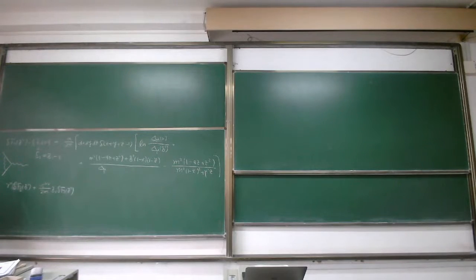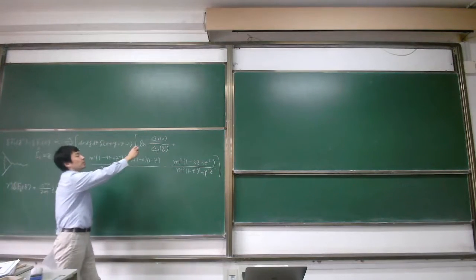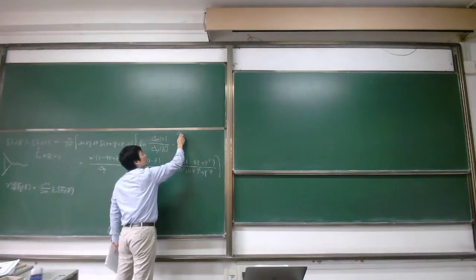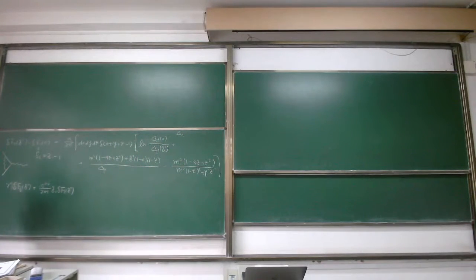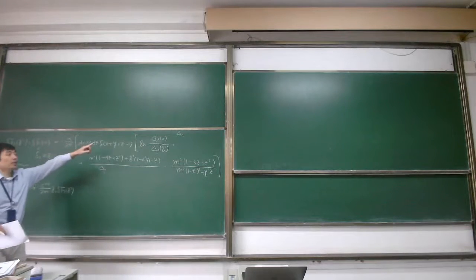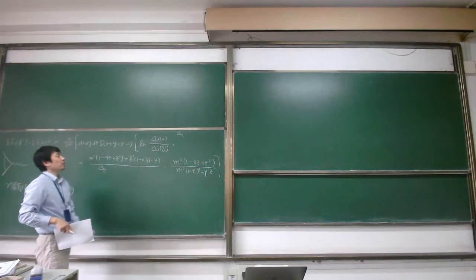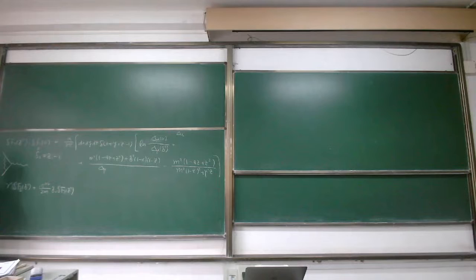So therefore, even though if you calculate this loop diagram, you encounter infinity. It used to be delta lambda in the numerator here, but if you take the difference, you can just avoid the infinity.